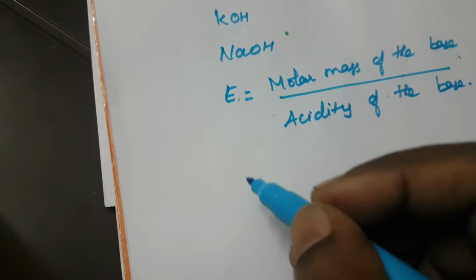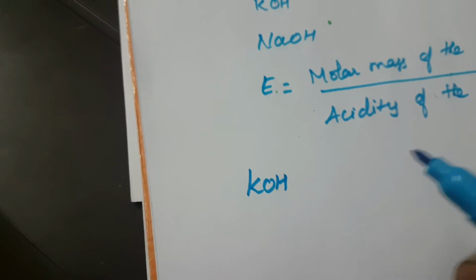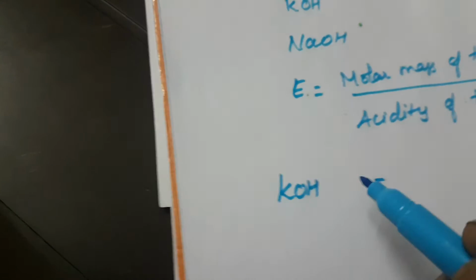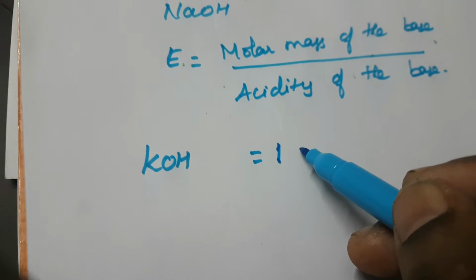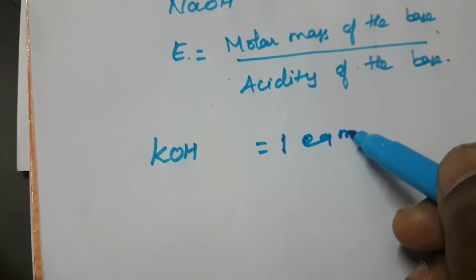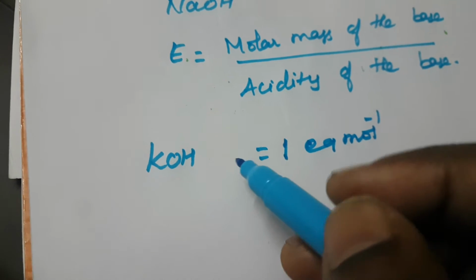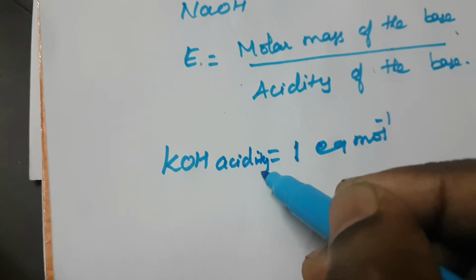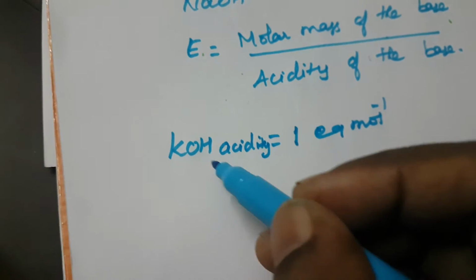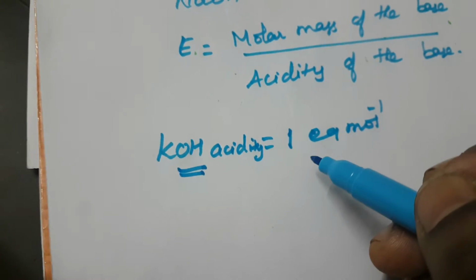So for KOH, what is the acidity? It is 1 equivalent mole minus 1. Number of replaceable OH minus ions: only 1 can be replaced, so that is 1.